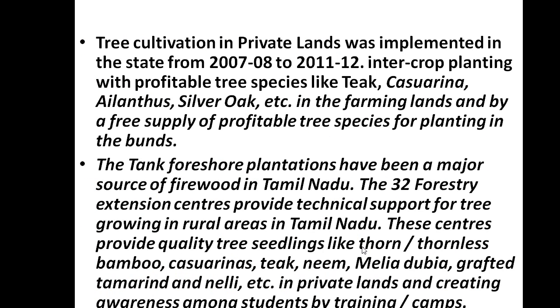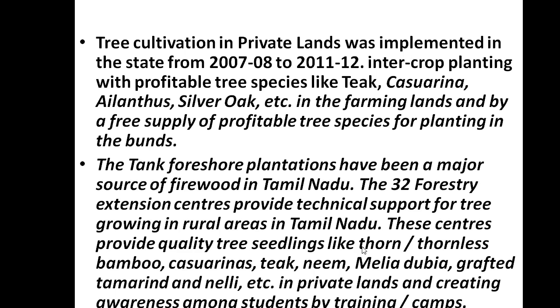And tree cultivation in private lands was implemented in the state from 2007-8 to 2011-12. The profitable trees are tea, casuarina, ailanthus, silver oak; these are the main types of trees.